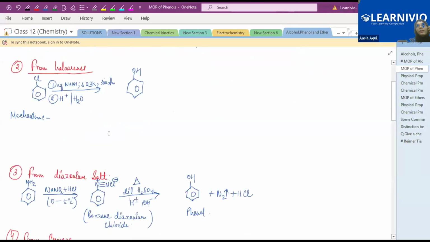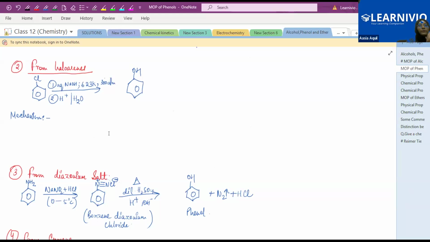Okay, now tell me, is the nucleophilic substitution reaction of haloarenes possible?